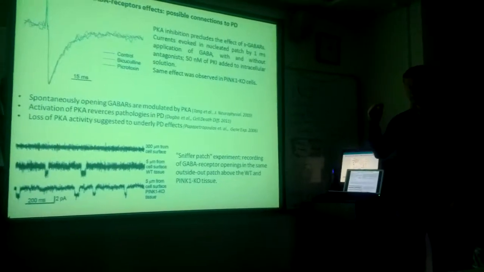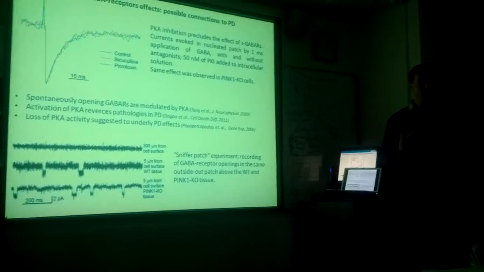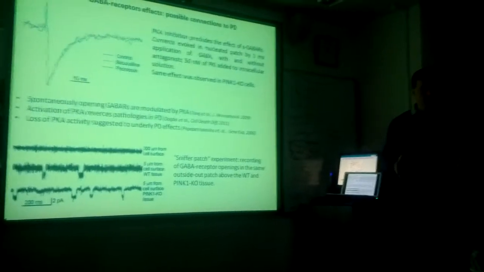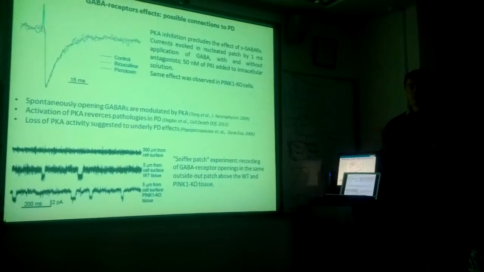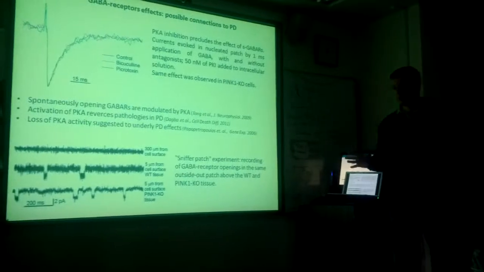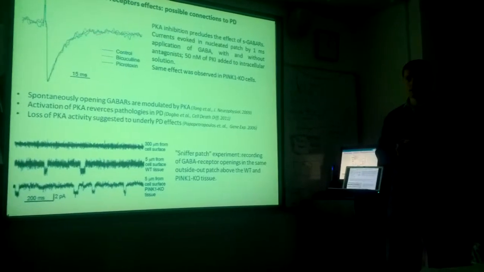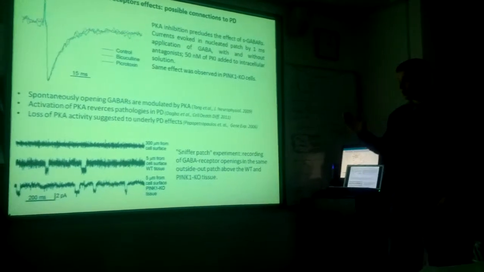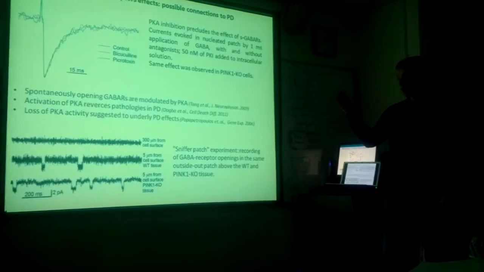So the frequency of opening reflects the concentration of neurotransmitter in this tissue which you approach. This is a kind of semi-quantitative way to measure the neurotransmitter concentration, because direct measurement is quite a hard task.